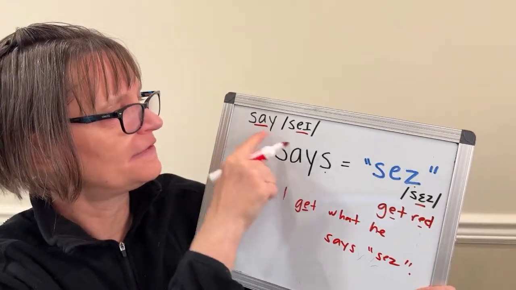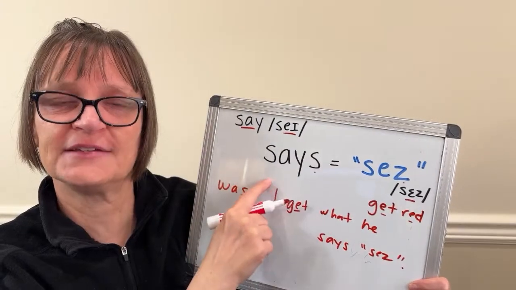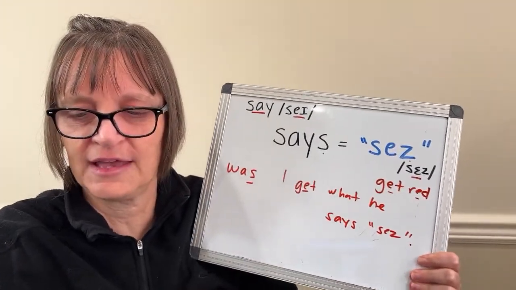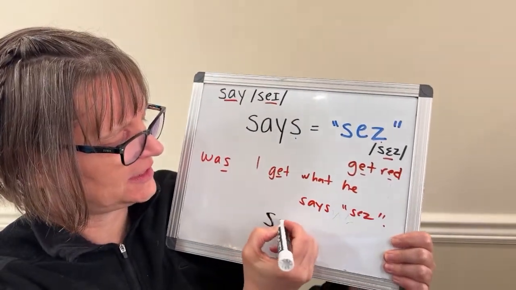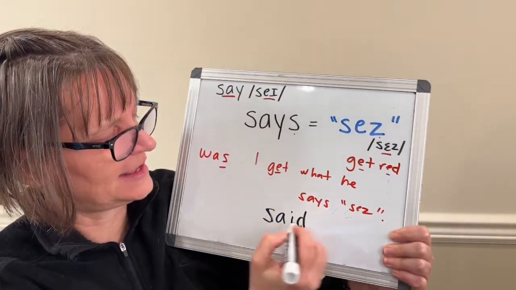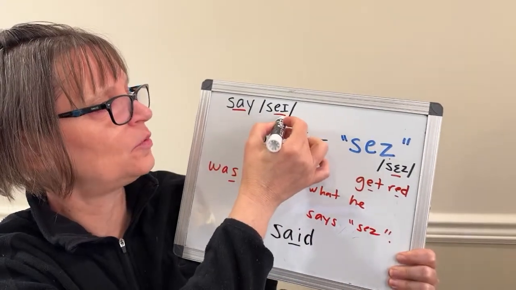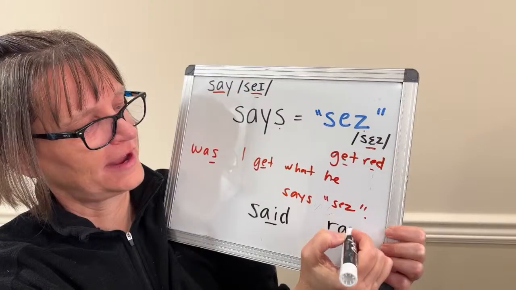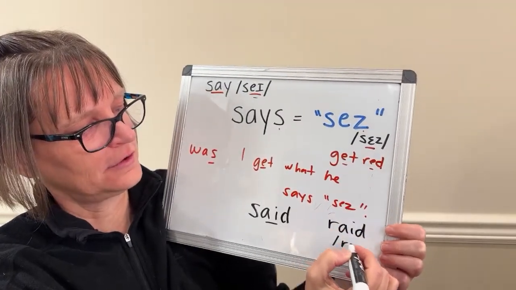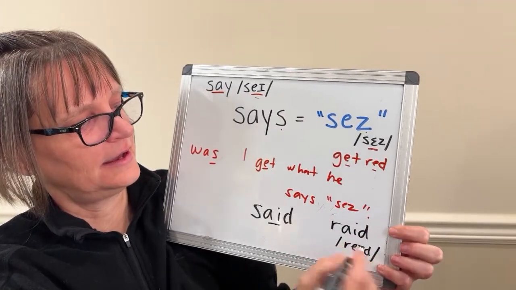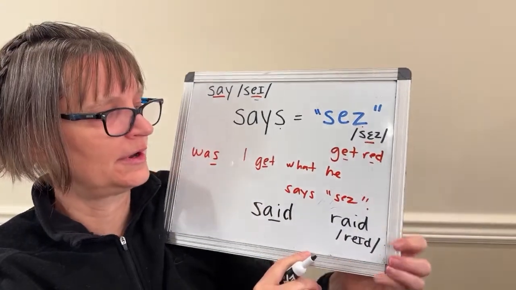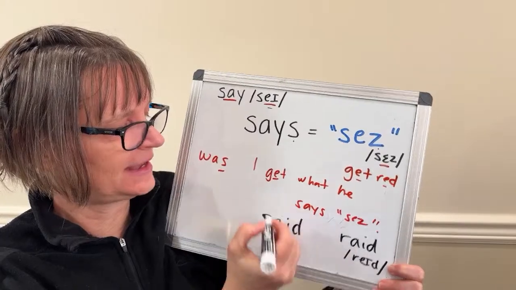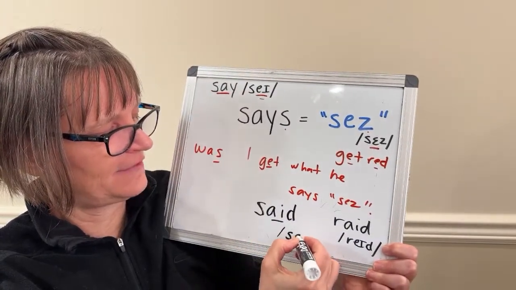Similarly, we also have the past tense of "he says," which is "he said" or "I said." And in that word, again, we don't follow the spelling conventions. When we look at said, AI is a typical way that we spell the A diphthong, like in the words "raid," "aid," "gain," or "rain," etc. AI usually says A. But in the word said, again, it says the vowel.